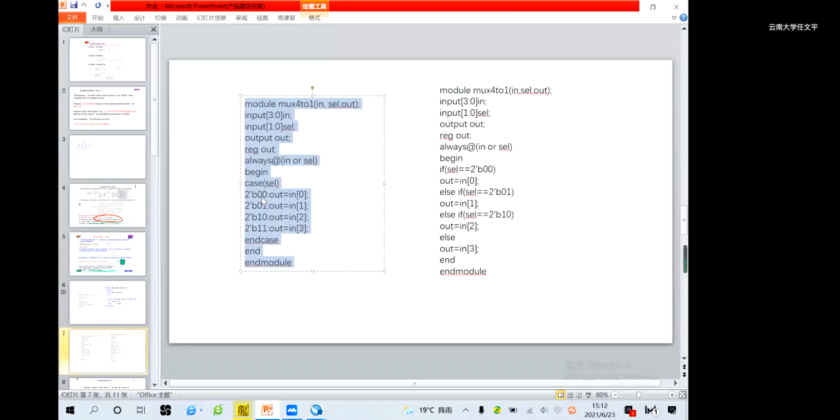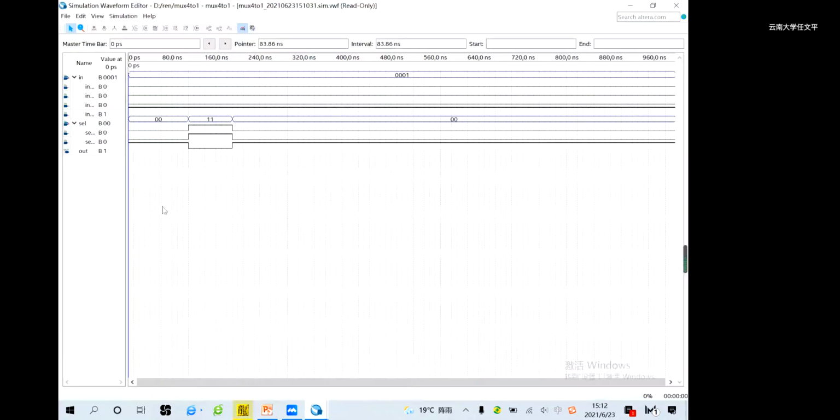When sel is 00, the output is the low bit data. This is a low bit and this is the high bit. So when the sel is 00, the output is the low bit value.